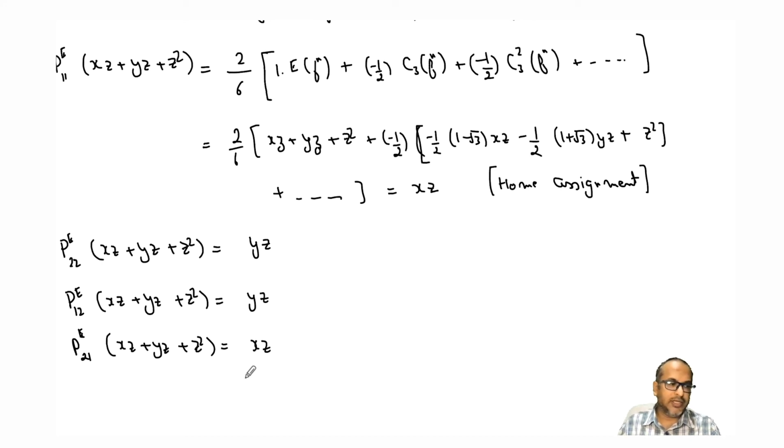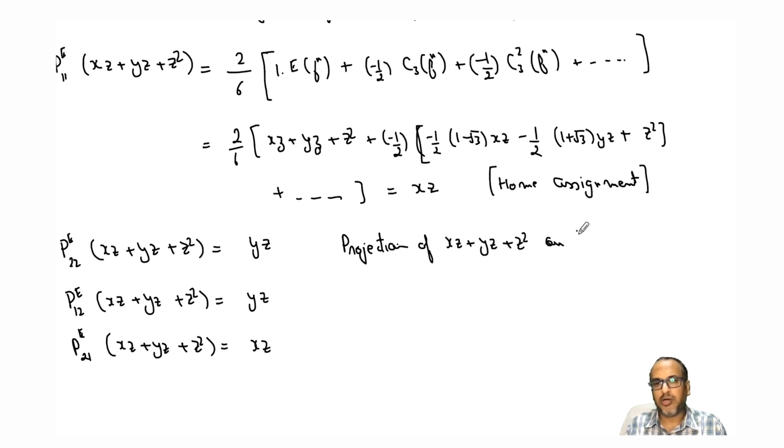So all of this implies that this particular projection of xz plus yz plus z square on the E IR representation is nothing but a linear combination, xz plus yz.